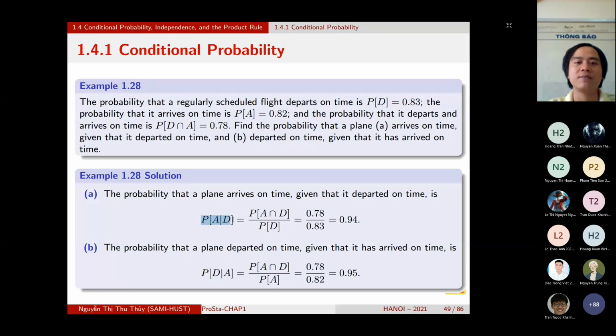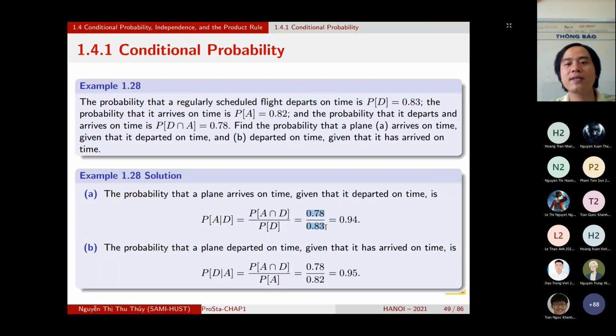That's the meaning of this example, and the solution is that we consider P(A given D), where D is departure on time and A is arrival on time. We use the definition of conditional probability. It is equal to P(A intersection D) divided by P(D).